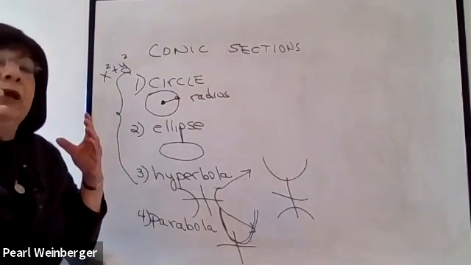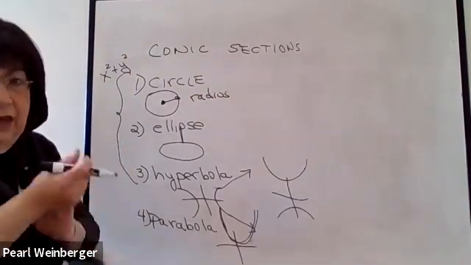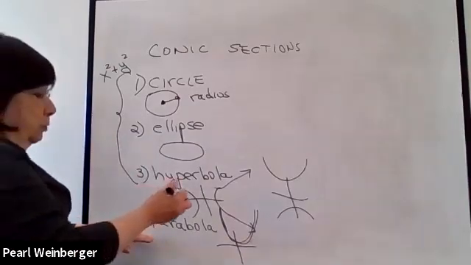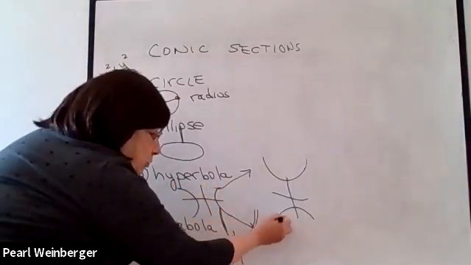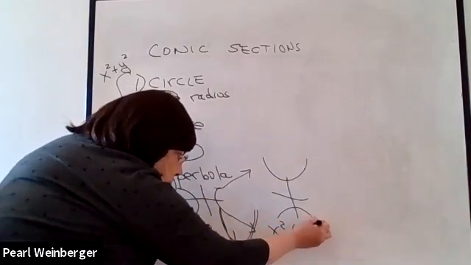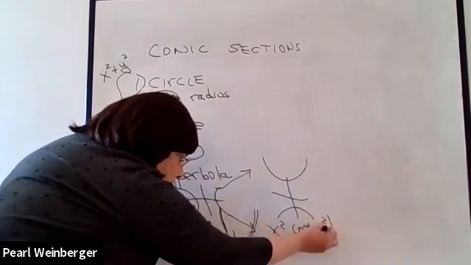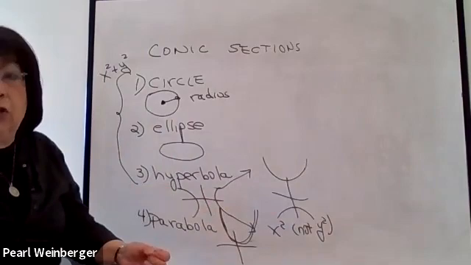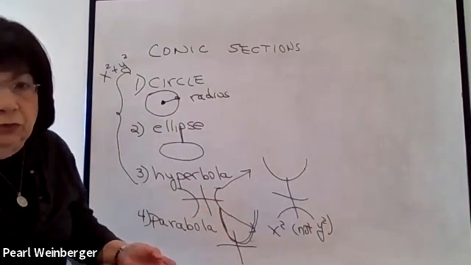It's going to be quadratic in both the x and the y. The parabola only has an x squared and not a y squared. So that's why I put it fourth. But as you notice, they all have exponents of 2.